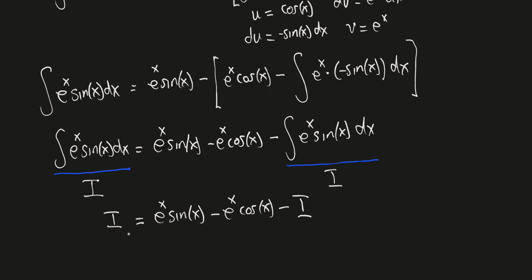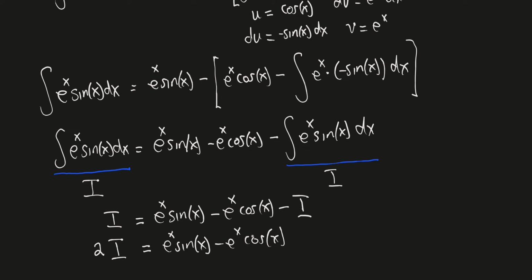You would add I to both sides, and then you'd have 2 times the integral that we're trying to solve for equal to something that doesn't have an integral sign, right? After I collect all the integral signs on one side, I have this left over on the right-hand side. So 2 times the thing I'm trying to solve for is this.